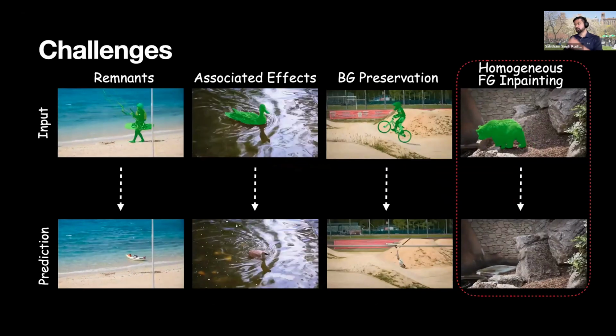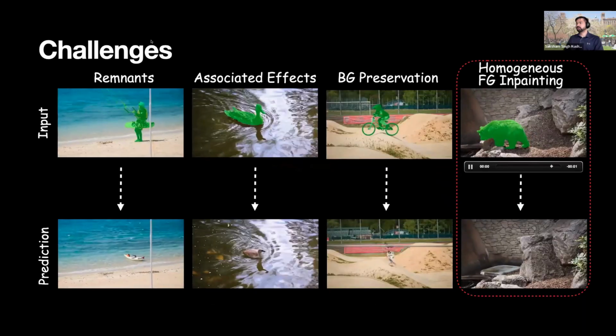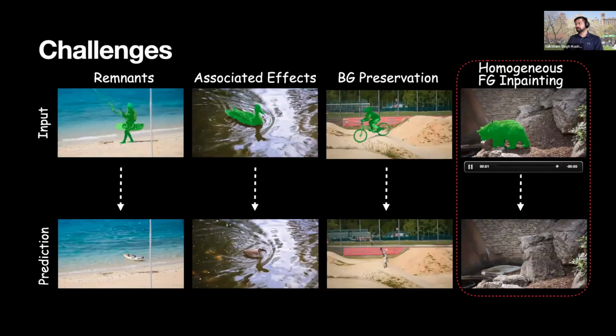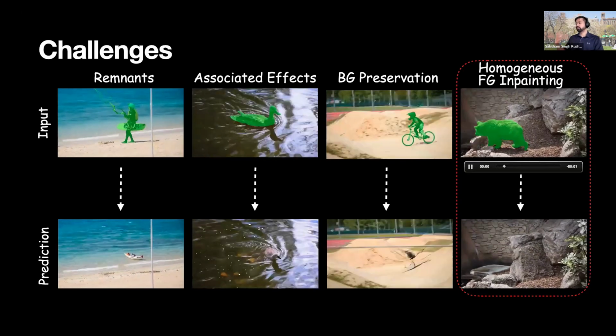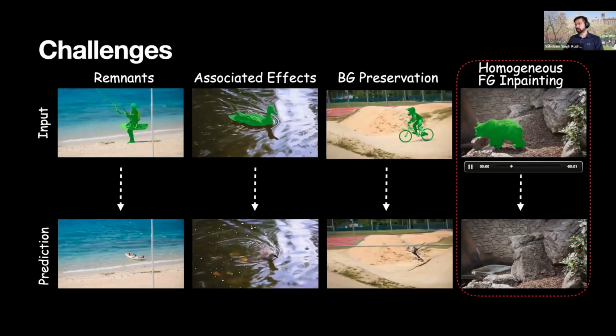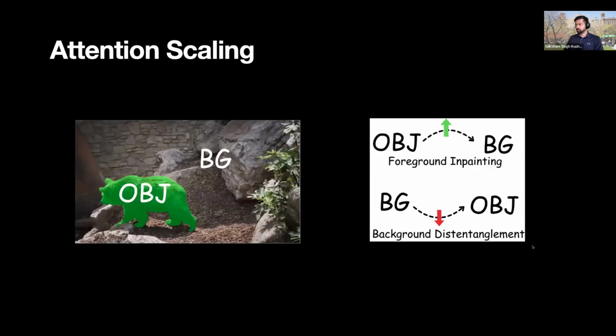Next, about homogeneous inpainting, we observe that when we remove larger objects, then the model tries to replace it with another object rather than something borrowing more from the background itself. So to overcome that, we actually manipulate the attention.